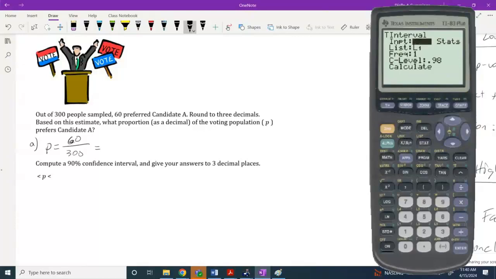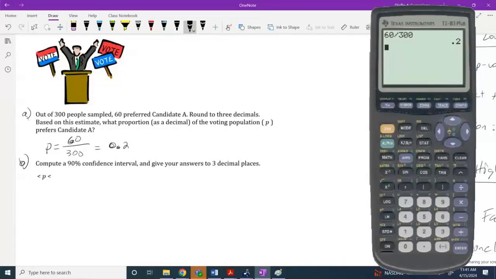So 60 divided by 300 should give us the voting population that prefers candidate A. And it wants the answer as a decimal. So here we have 0.2, which is 20%, but they want us to express that specifically as a decimal. Now B, that's A and this is B.